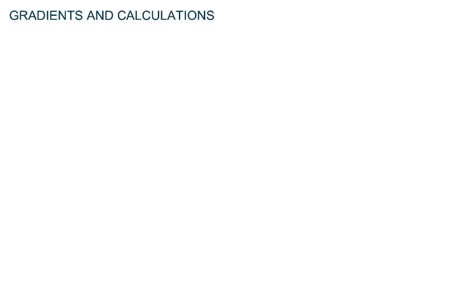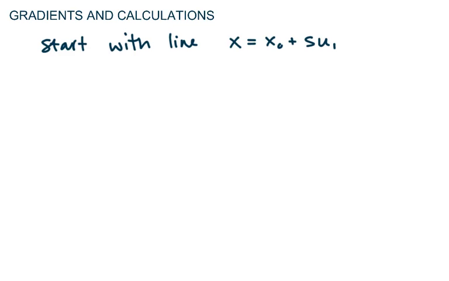So in order for us to define this, let's start with a parametrized line. We're going to start with the line x equals x naught plus s times u sub 1, and y equals y naught plus s times u sub 2.